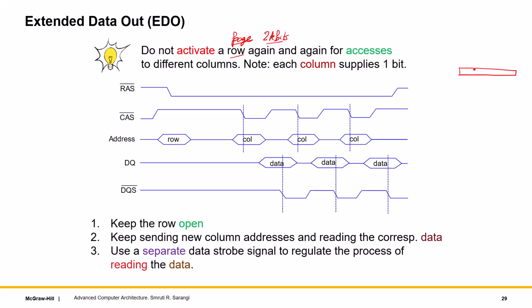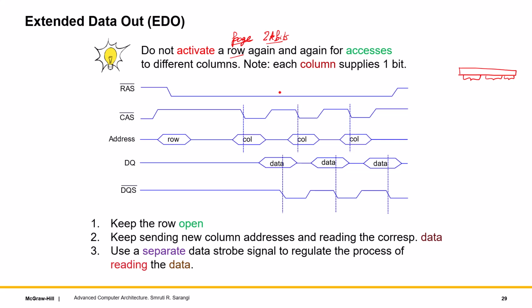So once you have activated it, which basically means the values of those cells are in the sense amps and this feedback is there, then the idea is that you just don't want to remove the data from the sense amps, but instead you can make a fair guess that the next access would basically read from another region of the same row. The next access would again be another region from the same row, and so on and so forth.